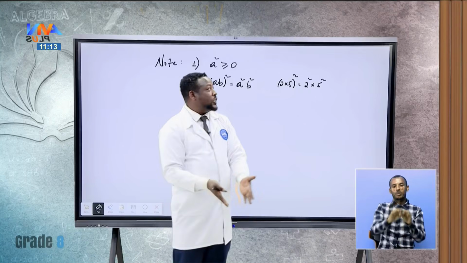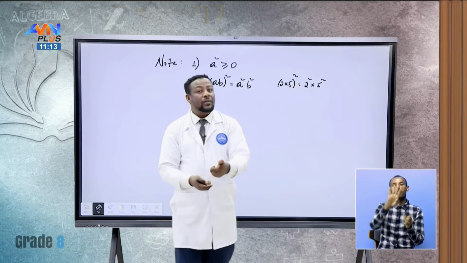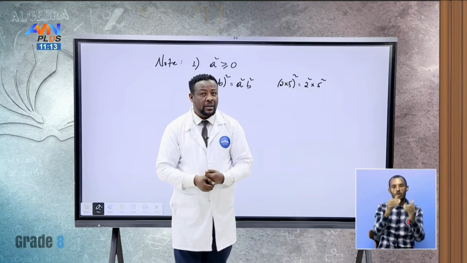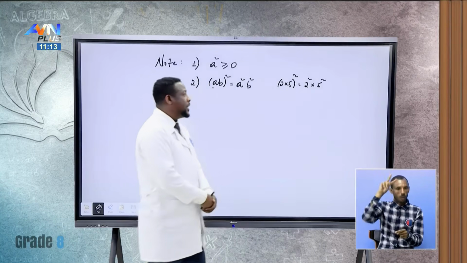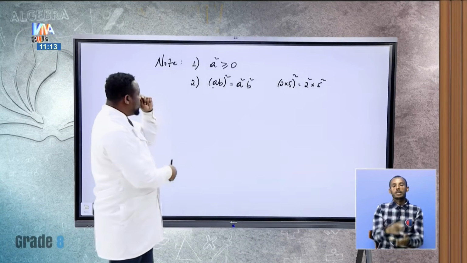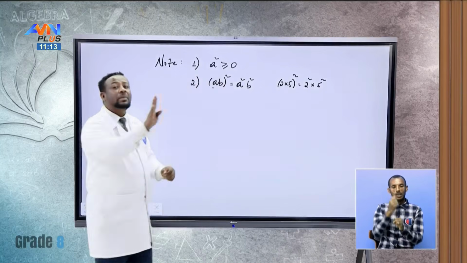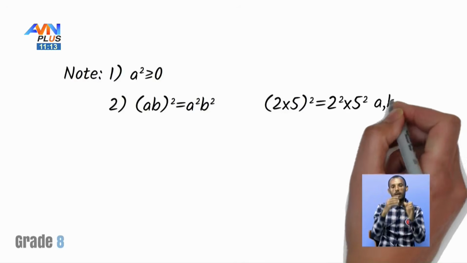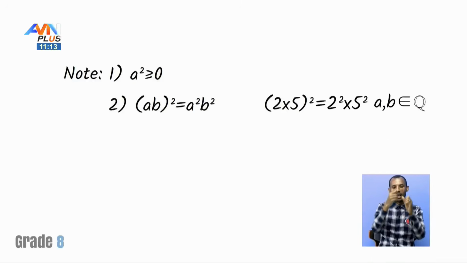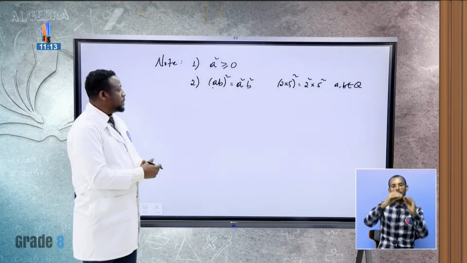As you can check, 4 times 25 is 100, which is exactly the same as 10 squared, which is also 100. So this property works for any rational numbers A and B. A and B can be any rational numbers; they are elements of the rational numbers.